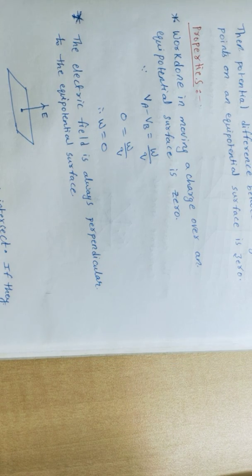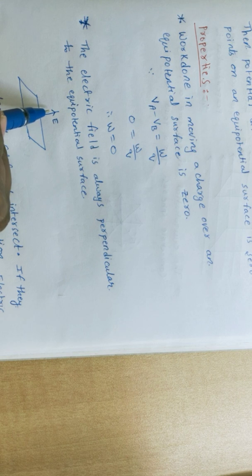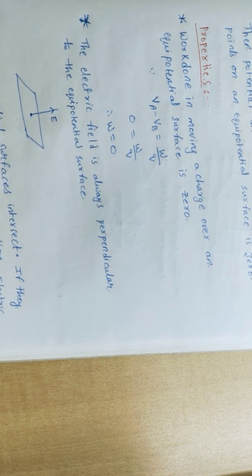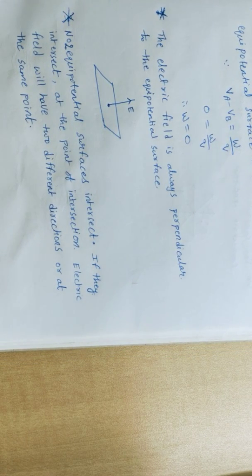Hello friends, one more important point. In equipotential surfaces, the electric field always acts perpendicular to that surface. For example, clearly we can observe here, let this be one equipotential surface. Here the electric field is perpendicular to that surface. So we may conclude, friends, the electric field is always perpendicular to the equipotential surface. One more point we want to discuss: equipotential surfaces never intersect each other.